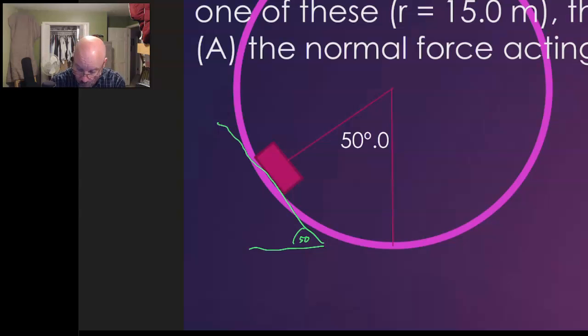If we look at our forces that we have acting, then we're going to have a normal force up here, and we're going to have the weight down here. And remember, we can split that weight into a perpendicular component and a parallel component there. Perpendicular and parallel components.